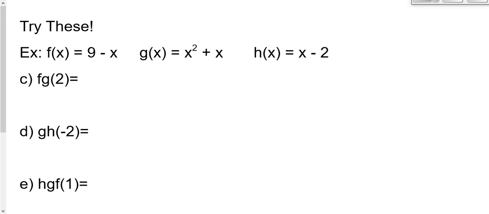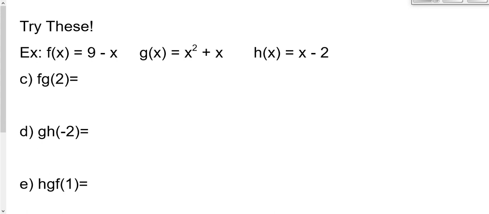I want you to find me f of g of 2, I want you to find me g of h of negative 2, and I want you to find me h of g of f of 1, which is a little bit of a challenge. I want you to work on these and show the answers that you've gotten so that they can check you off. And then once you're finished with all 3 of these problems and have the right answers, you can work on your Math Excel assignment.